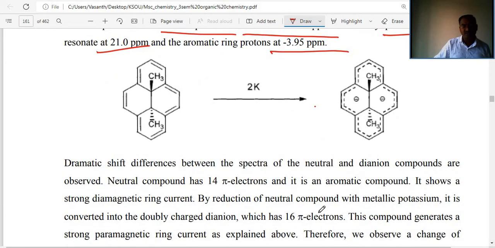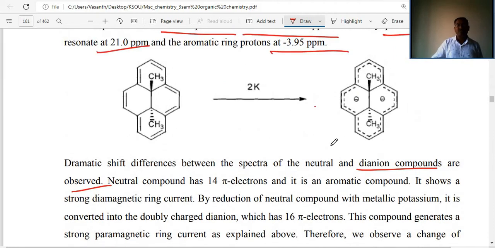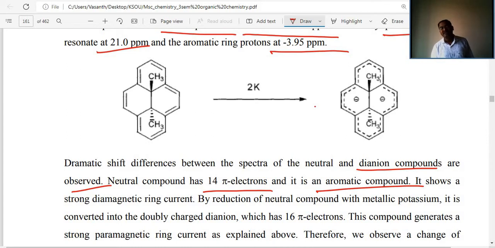This is what? The dramatic differences between the spectra of the neutral and dianion compounds are observed. The neutral compound has 14 pi electrons and it is an aromatic compound. It shows a strong diamagnetic ring current.